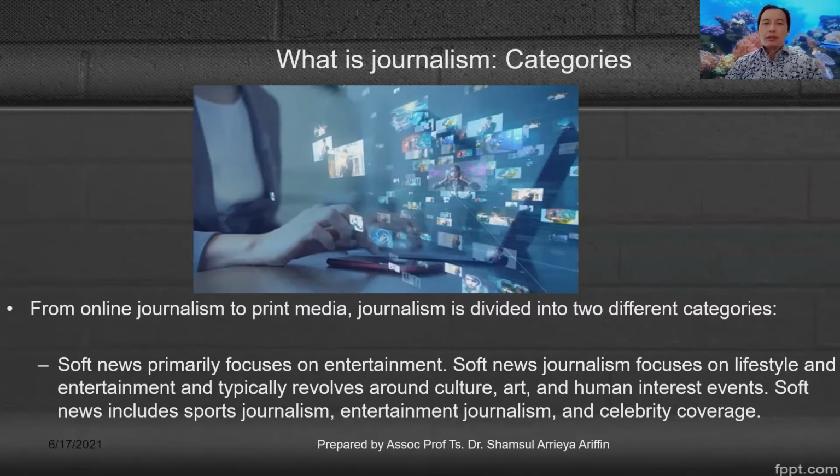It is called soft news because it relates to entertainment, and this actually also relates to the creative industry. So it involves sports, entertainment, and also celebrity coverage. If you look at the newspaper, there is a section just for the artists, right?